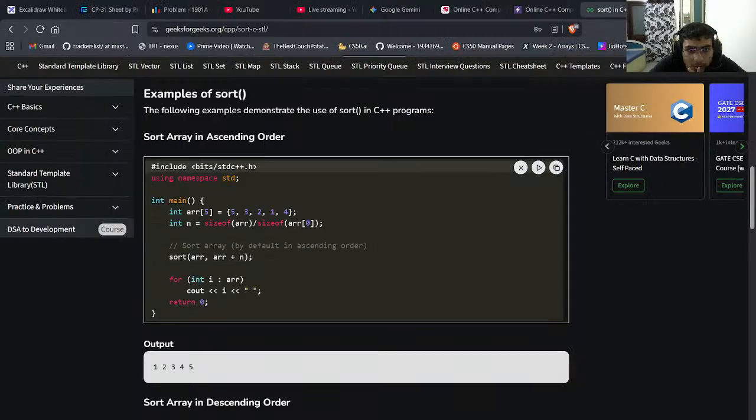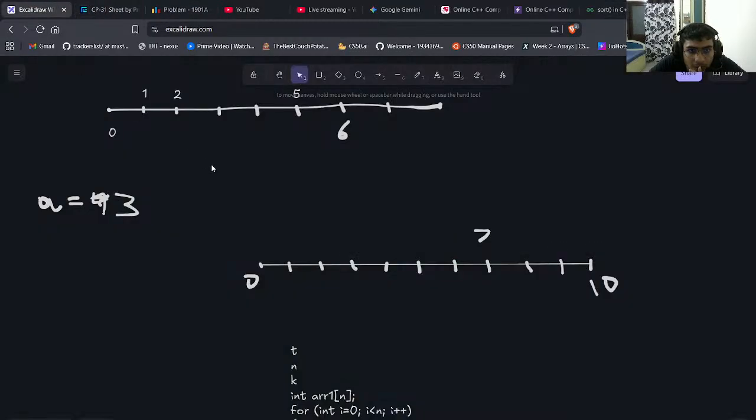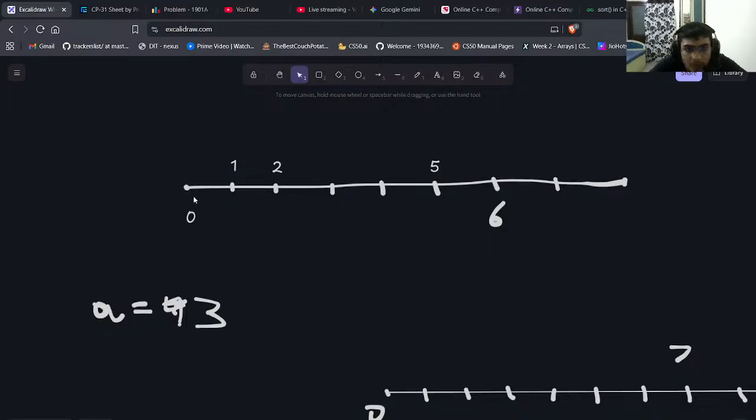Is the distance 0 somewhere? From here to here it is 1, here to here it is 1, here to here it is 3, from here to here it is 4.